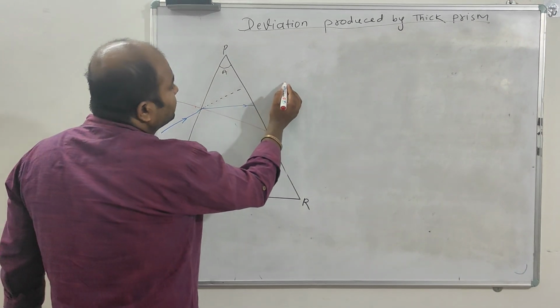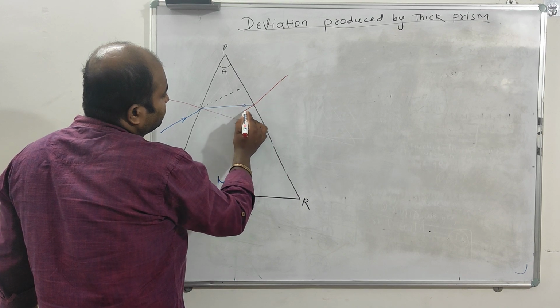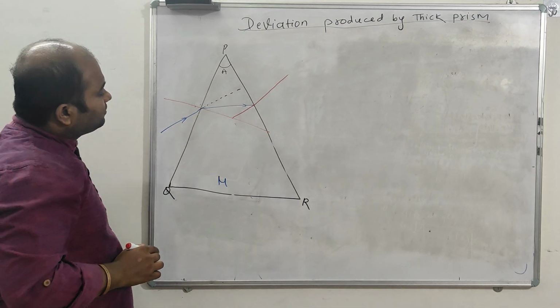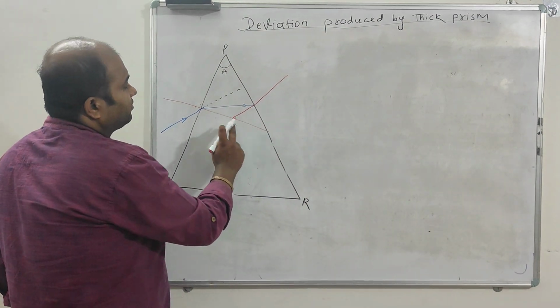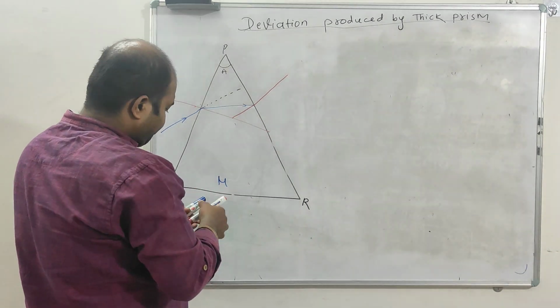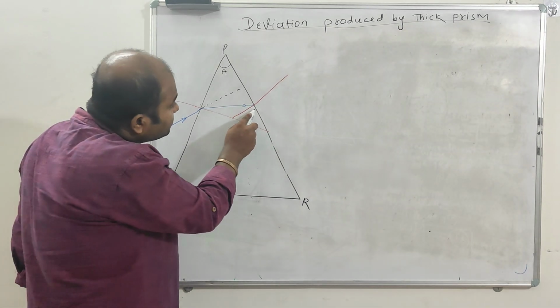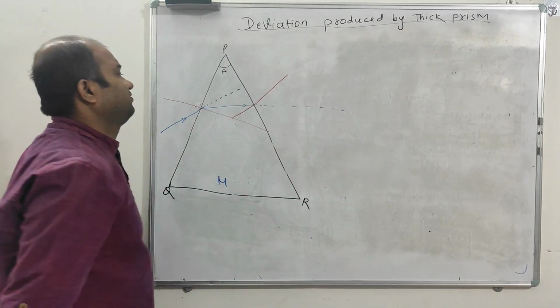So let's assume this is the normal to this surface. At the second surface, see the direction of the light ray. This is the direction of the light ray.